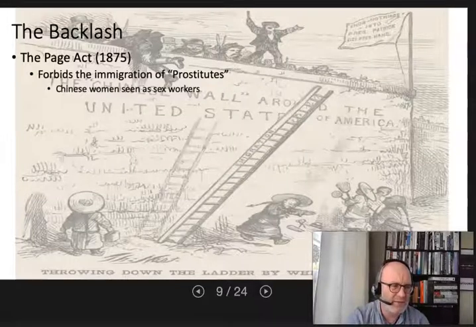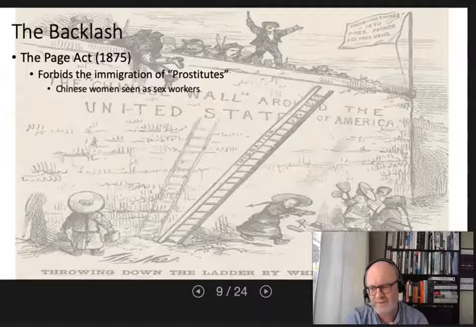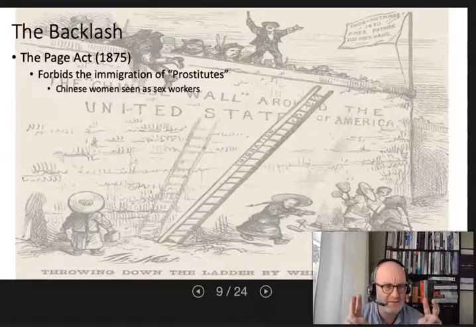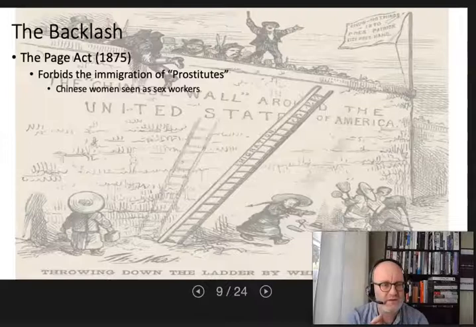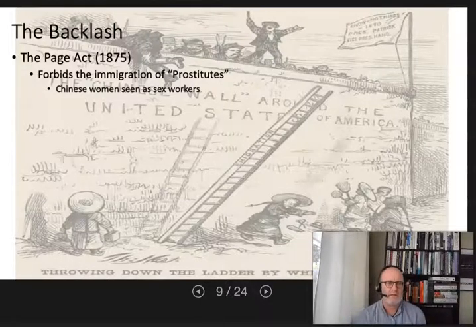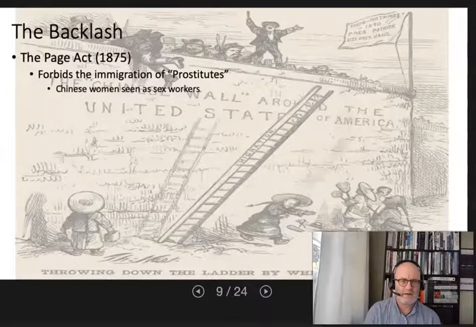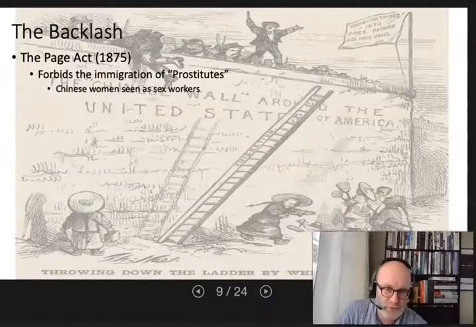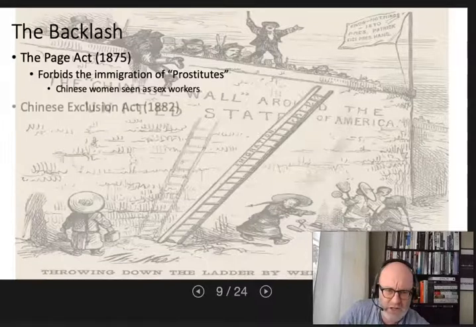And in a time of emerging scientific racism that says the Anglo-Saxon, right, the white race is better than all other races, what you can't have in the West is mixed race children. So the Page Act effectively is more about policing the boundaries of whiteness than it is about policing the borders of the country or excluding the Chinese.